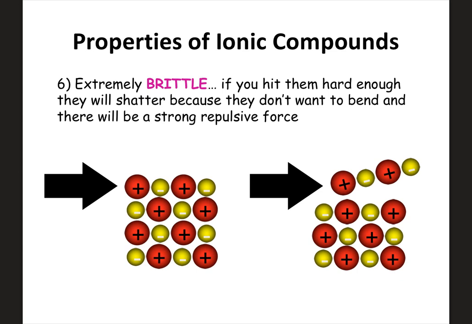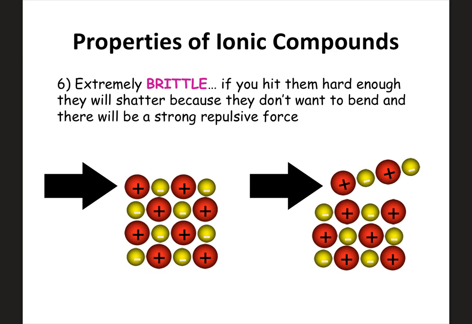So the last major property of ionic compounds is that they are extremely brittle. If you hit them hard enough, they're just going to shatter into a million pieces. And if you look at your container of table salt, you will see this. The little grains of salt are already in pieces. The basic gist is that these ionic compounds have very organized, very stable structures where the plus is attracted to the minus and everything's perfectly aligned.